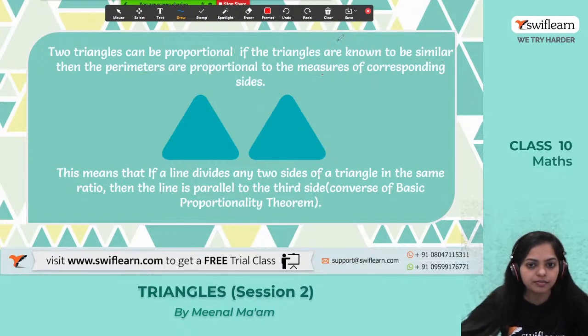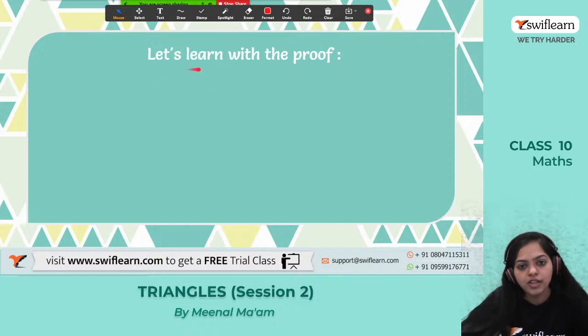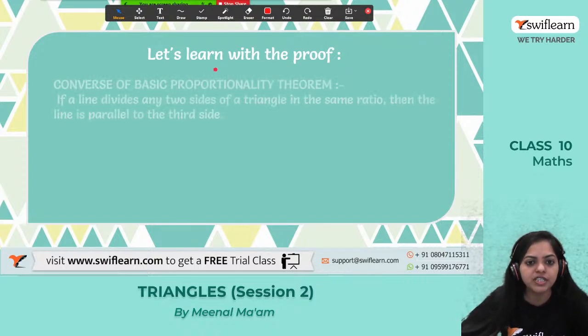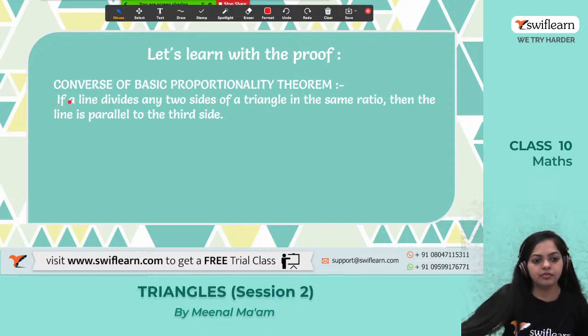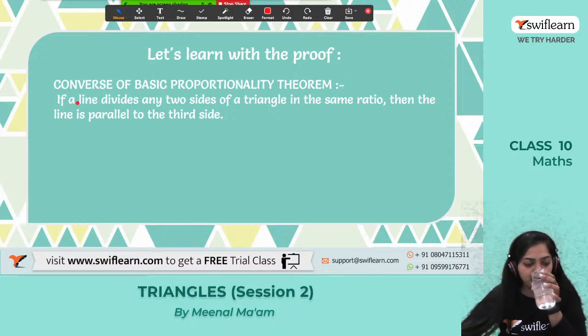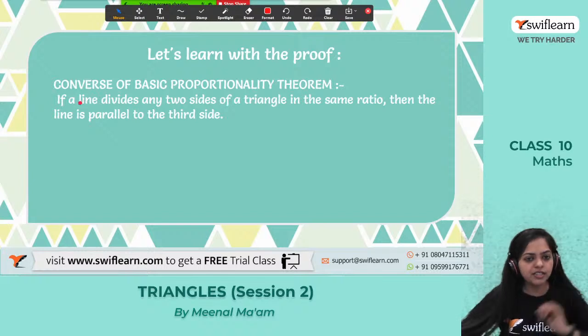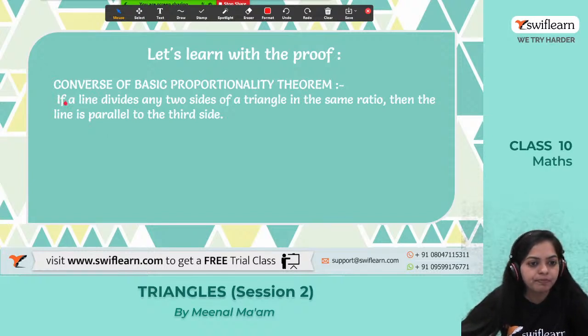Any doubts? No? So let's look at this theorem, the basic proportionality theorem, and learn how to prove it. First, the statement: if a line divides any two sides of a triangle in the same ratio, then that line is parallel to the third side.